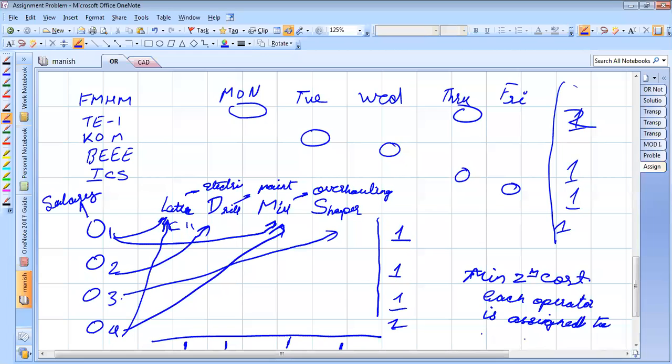Now what will happen if I don't give an allocation for this operator? Let us say I'm not giving operator 1 any work. What is the loss? The loss is that his productive hours, his machining hours, his manpower hours are getting wasted, isn't it?